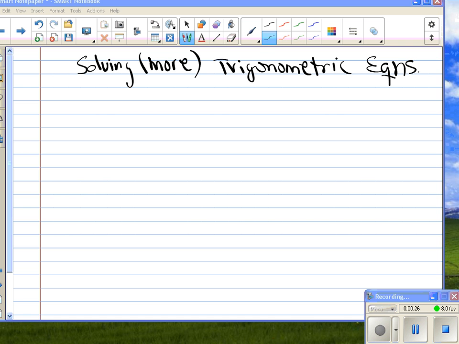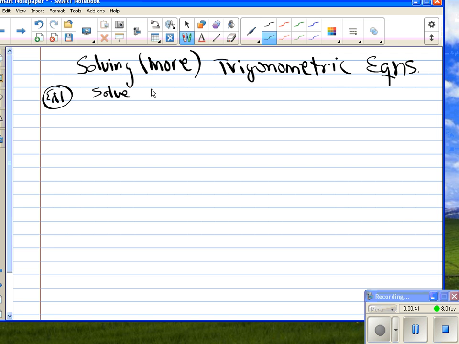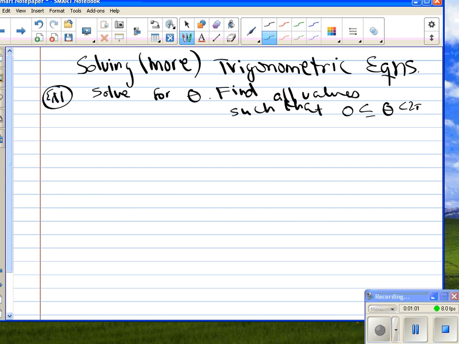So let's look at something like example 1. Our job is going to be to solve for theta, and we need to find all values such that theta is between 0 and 2 pi.